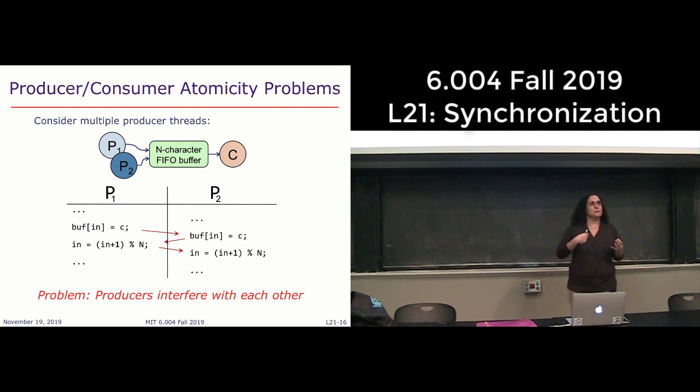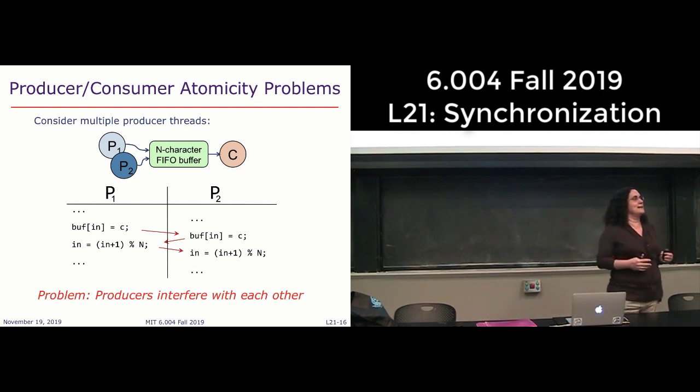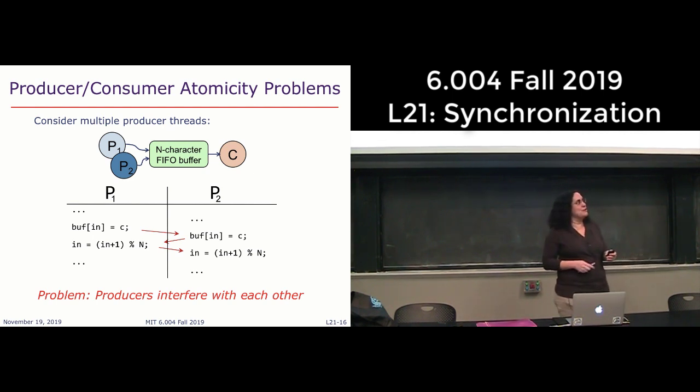So I need to make sure that if I'm going to support multiple producers, I treat the sequence of 2 instructions as a critical region. It's a region where I have to make sure I do both of these things before another process can go ahead and start execution of that same piece of code.